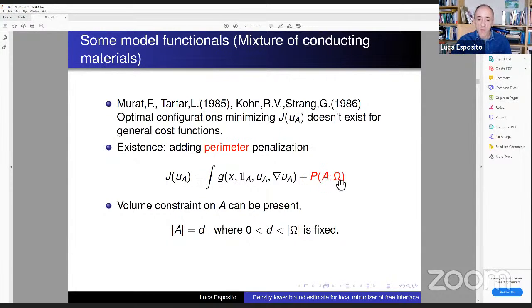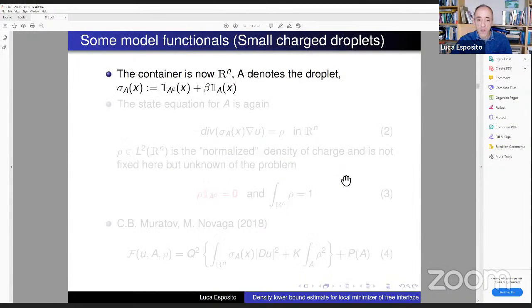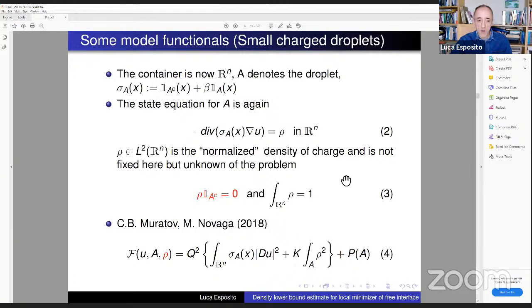Something else maybe could be possible, but the perimeter is very natural, as I said, because it considers the surface tension. If you think about this functional, introduced by Muratov and Novaga, from the physical point of view this term is exactly the surface tension of the droplet.